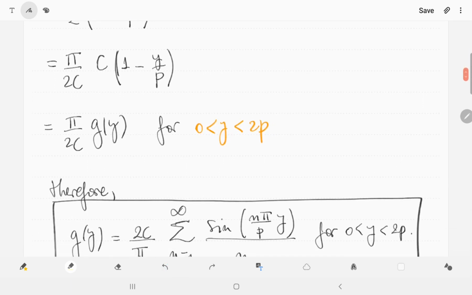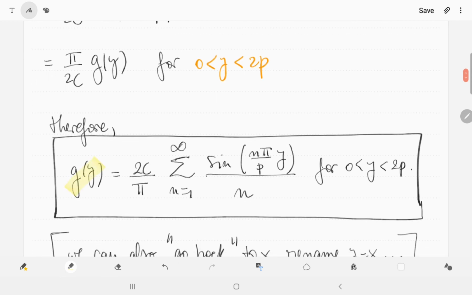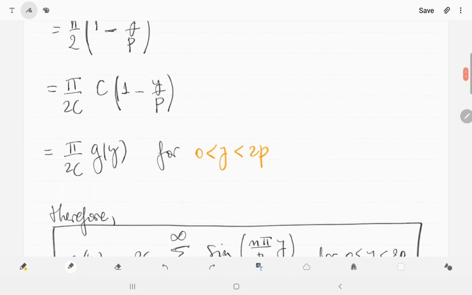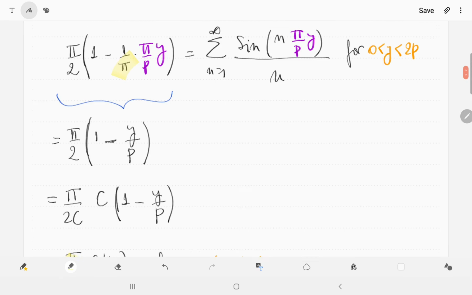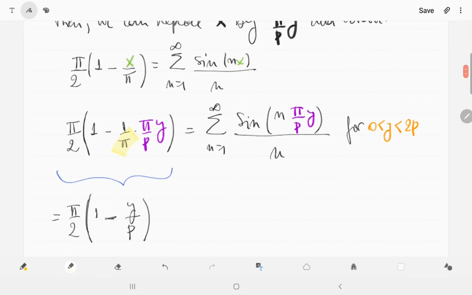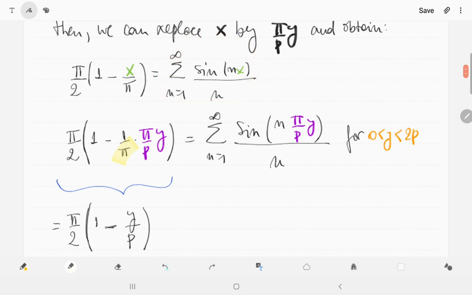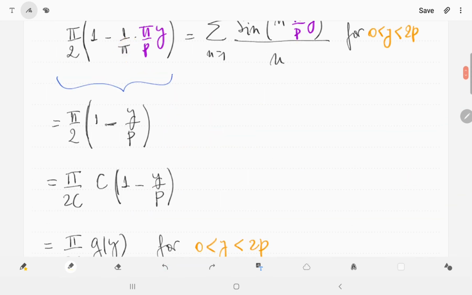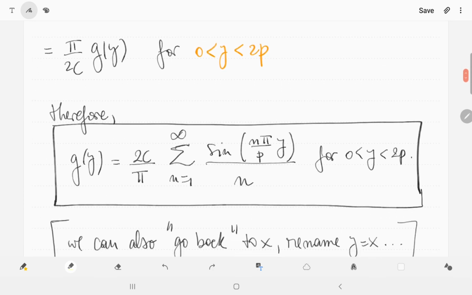So what do we get? g of y is equal to this constant, because we can just put this constant on the other side of the identity. The identity starts in this way, we continue here and go down. So what we finally get is that g of y is equal to 2c over pi, and this expression. And we have this for every y between 0 and 2p.